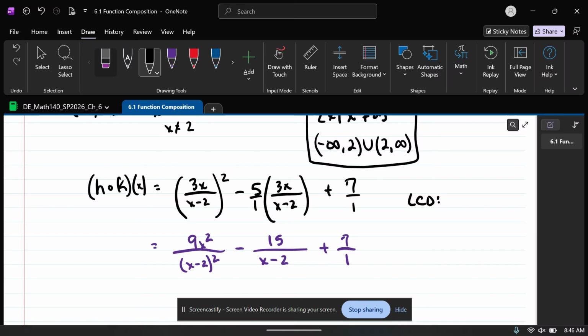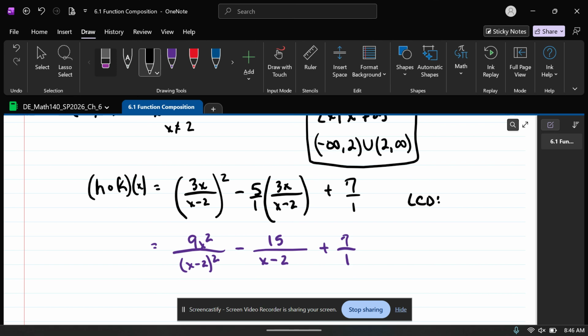Remember I talked about on the last problem that had fractions in it, I said the easiest way to find the common denominator is to multiply the denominators together. Well, in this case, you got the same thing on a couple of the fractions in the denominator, and you got one that's not anything like it. If I covered up the 9x squared over that big one, what would be the common denominator between those two, the 15 and the 7?